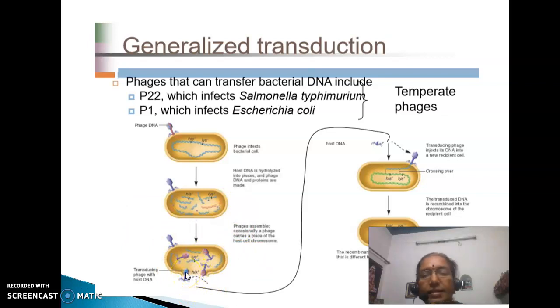Now this is the transductant, and when this transductant infects the recipient cell, that is another bacterial cell, when this his marker is injected, if the recipient is his minus, then because of the homology in sequences of DNA, it will undergo homologous recombination, and because of the homologous recombination, the recipient bacteria now will become his plus.